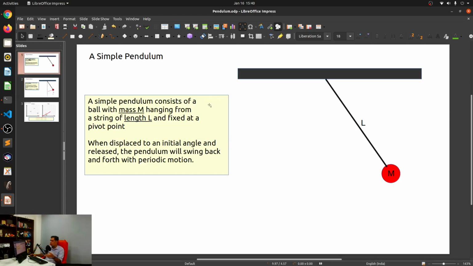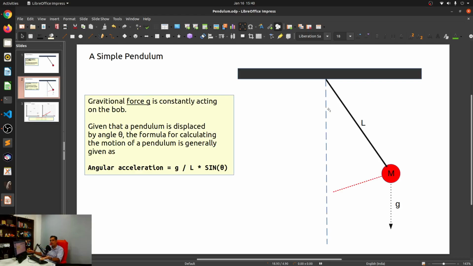So even though in our initial definition we say that the pendulum consists of a ball with mass m, the mass is actually not required to calculate the pendulum's harmonic motion itself. The only thing that it is dependent on is the acceleration due to gravity, so that's G, and the length of the fulcrum.